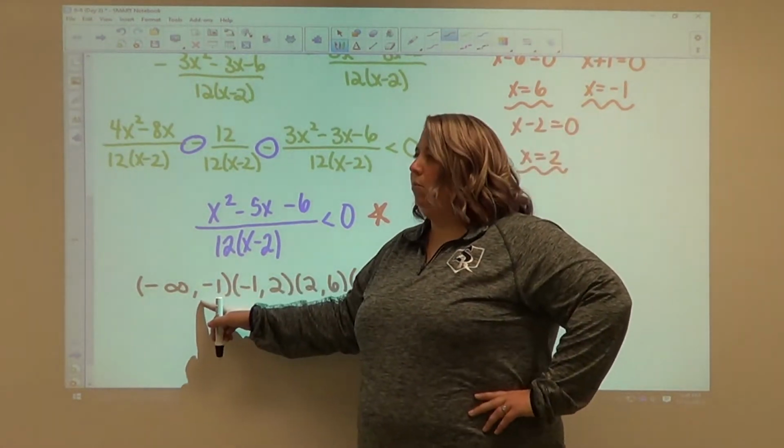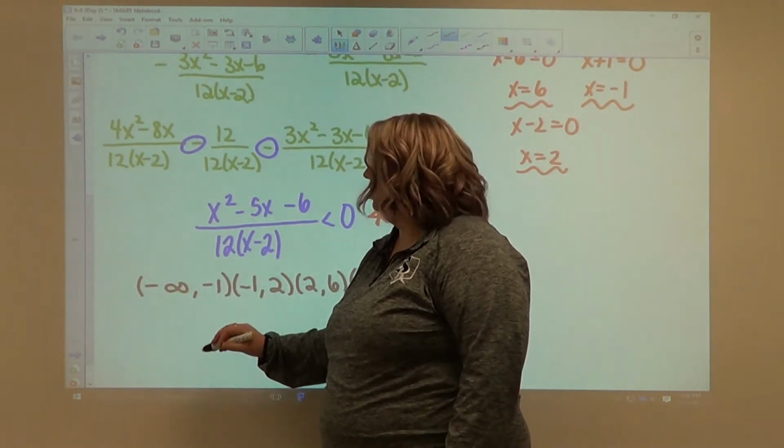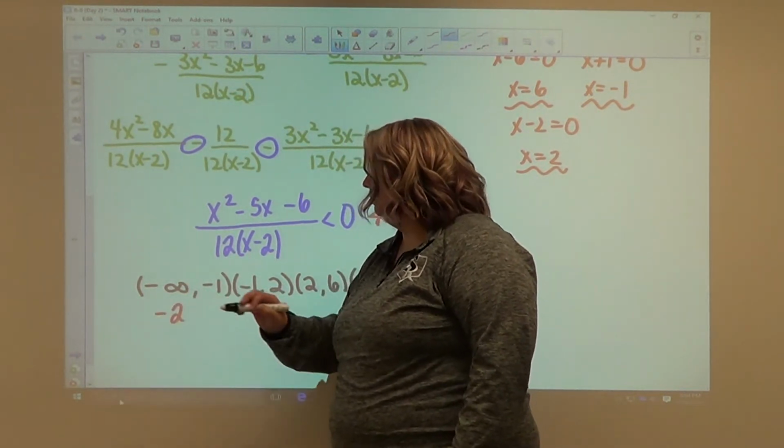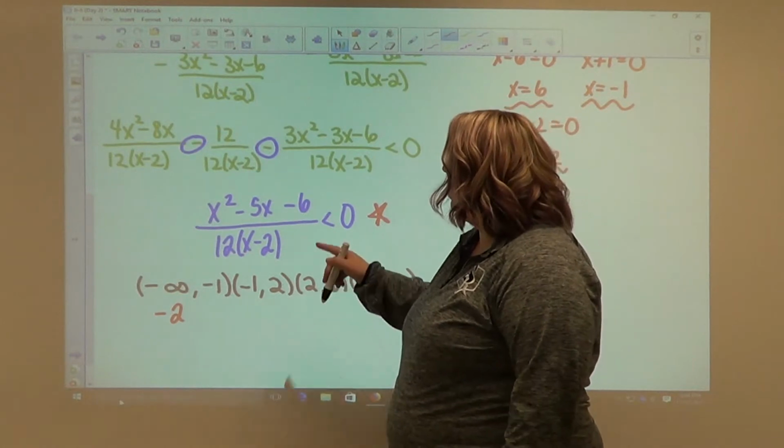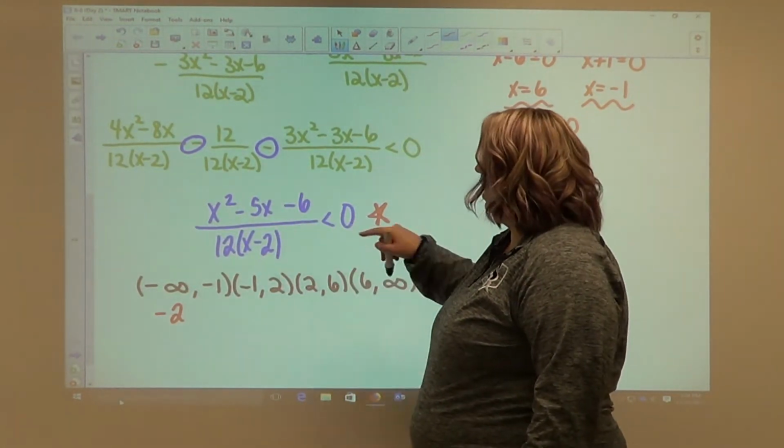I need a number between negative infinity and negative 1, so a number less than negative 1. I'm going to plug in negative 2 into this inequality and see if that's less than 0.